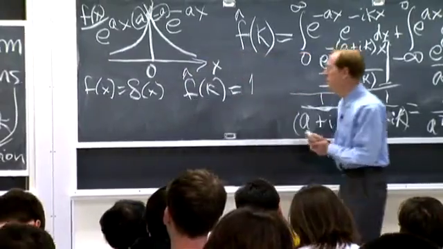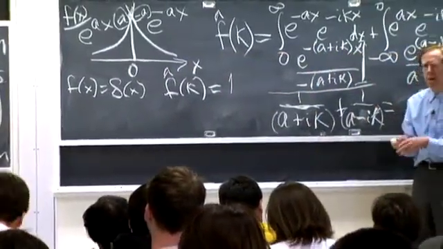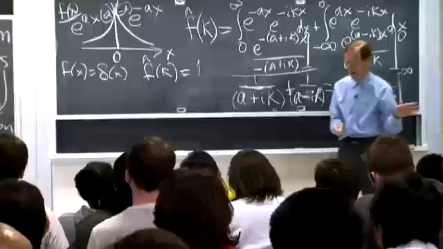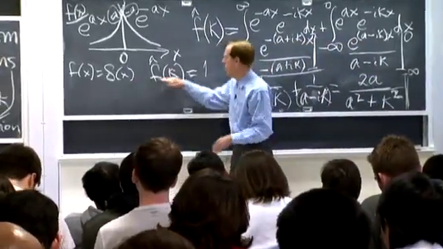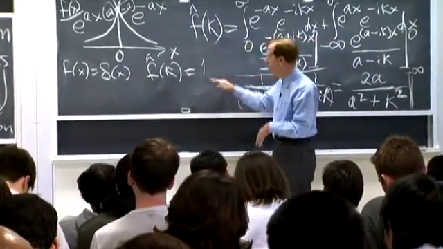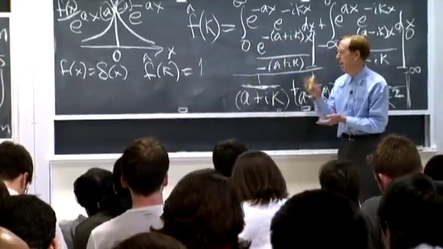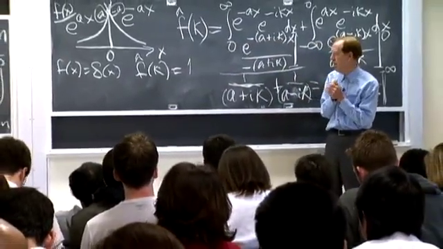We'd be surprised if it wasn't a constant, right? A delta function in physical space has all frequencies in equal amounts, and it's a constant in frequency space.